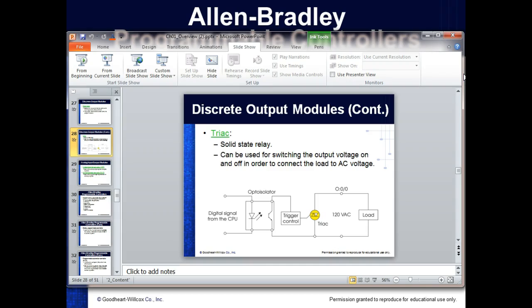What's the first lab in the lab book? It's just asking questions, describe the differences between Allen Bradley, SLC 500, like an overview.